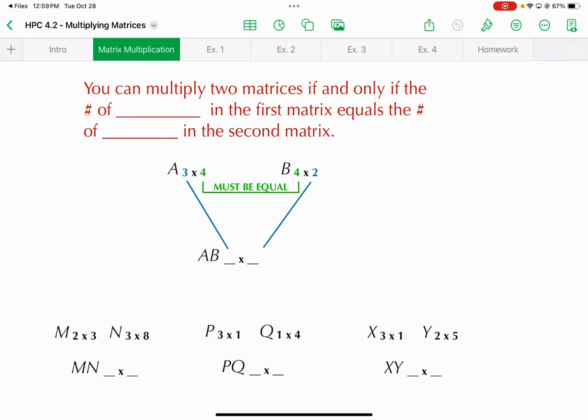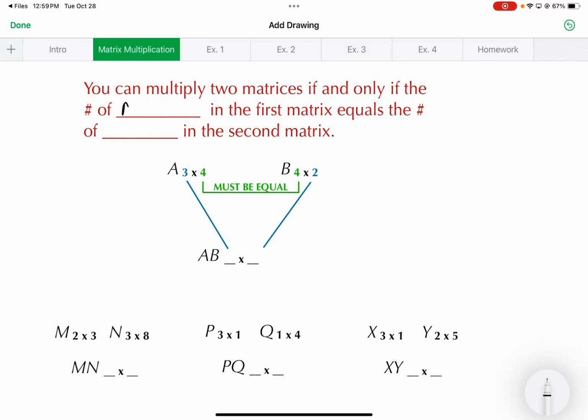All right, so you can multiply two matrices by each other if and only if the number of what in the first matrix has to match the number of what in the second matrix. Do you guys remember? Rows, right?